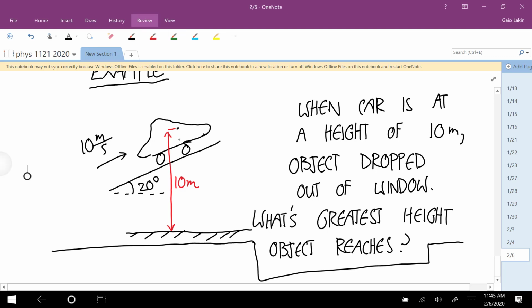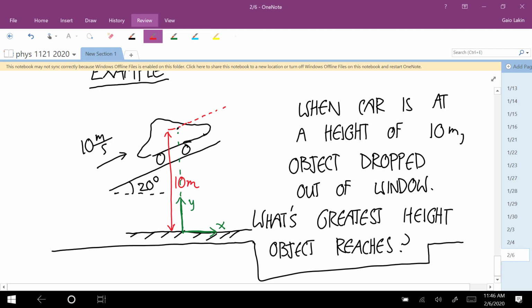All right, so first I'm going to choose the origin to be down here at the ground, right below where the object is dropped from. So here's the x-axis, here's the y-axis. And what's going to happen is initially that object is going to have a velocity direction that's parallel to the ground.